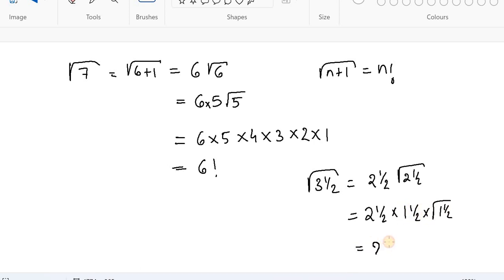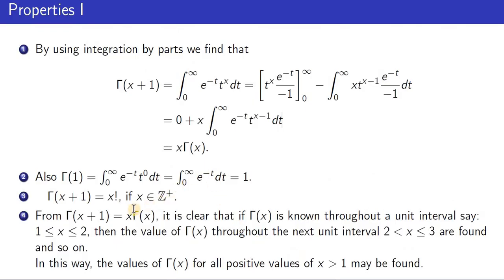Then gamma 1.5 can be written as half into gamma half, and we will see that gamma half is equal to root pi. So like this you can find the value of the gamma function using the property gamma of x plus 1 is equal to x into gamma of x. This is a very important property, and it will be used in many places. For example, when we study Bessel functions, we'll be using this property.